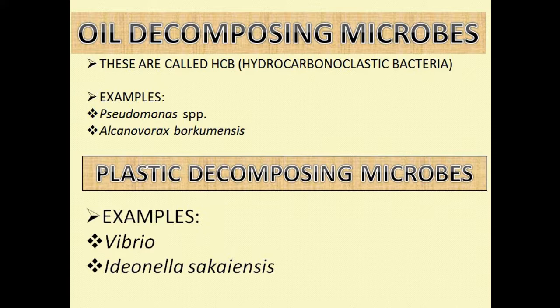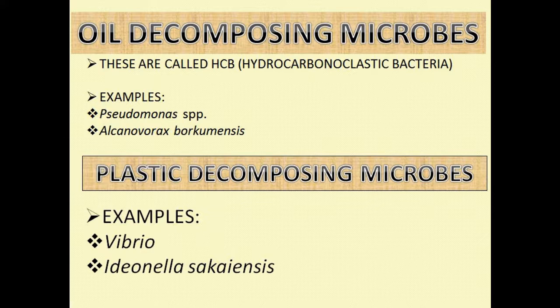We know that plastic pollution is a huge problem today. So what we need to do is we need to convert this plastic into something which will get decomposed. Now, which are the microorganisms that are useful? Vibrio, Ideonella sakaiensis. These are the microorganisms which decompose this PET.